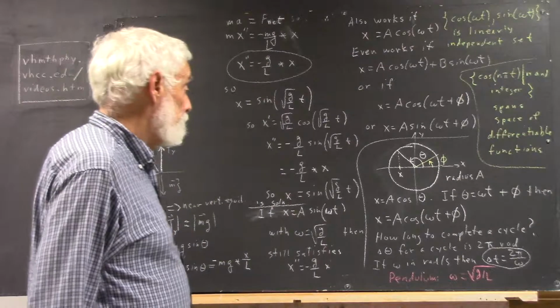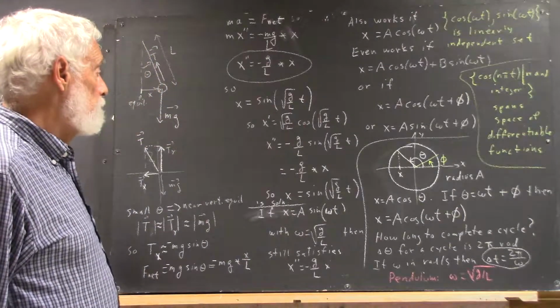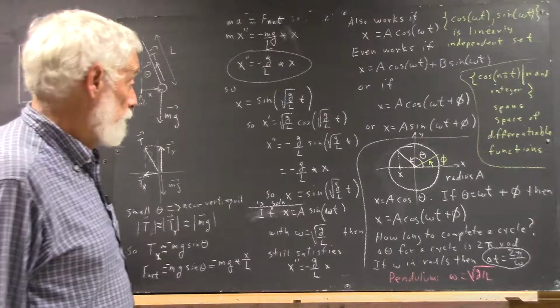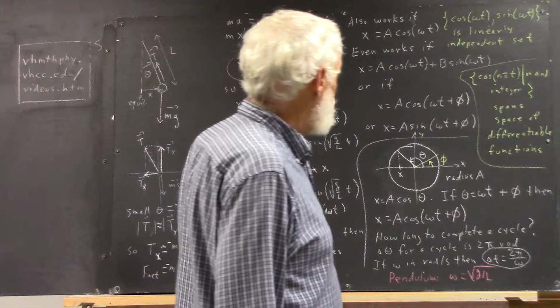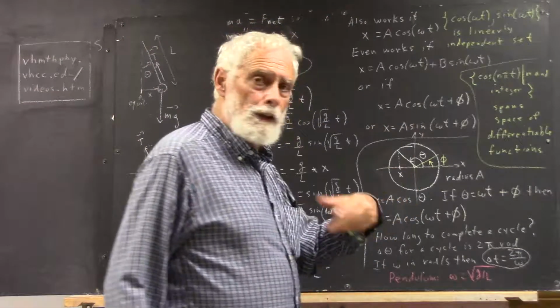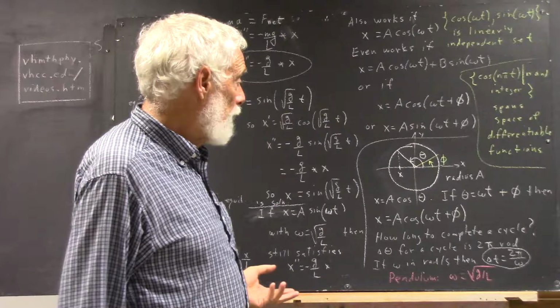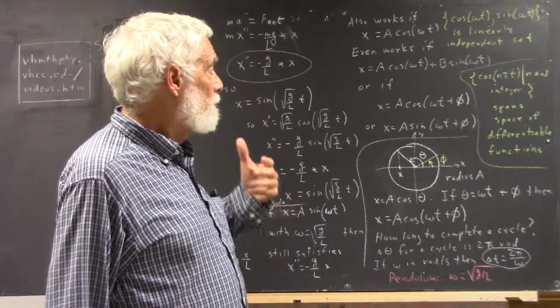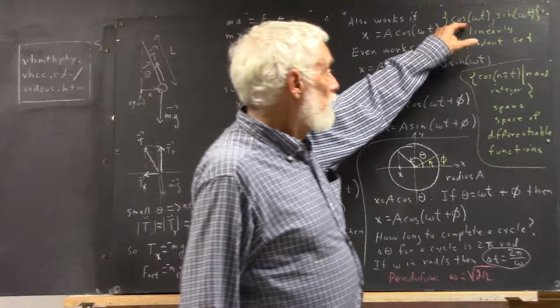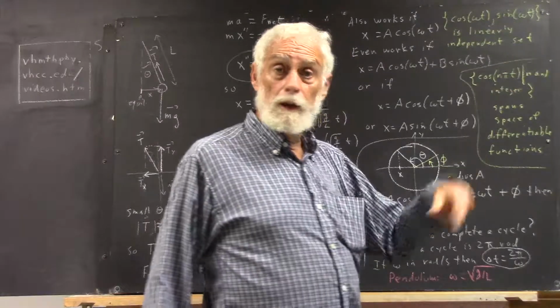on both sides. And I'll just comment briefly on the reason that you have these two solutions, and it simply comes down to the fact that in the space of functions, the cosine of omega t and the sine of omega t are linearly independent.